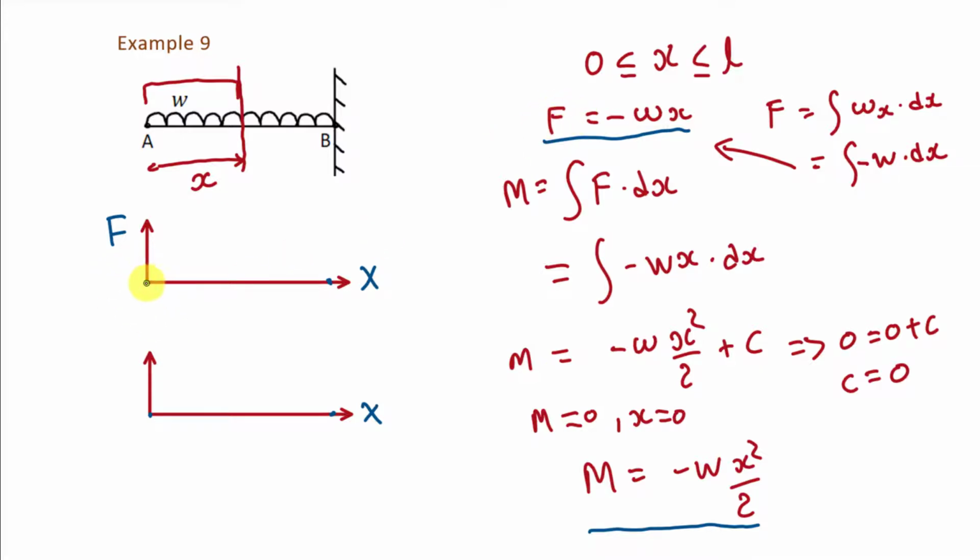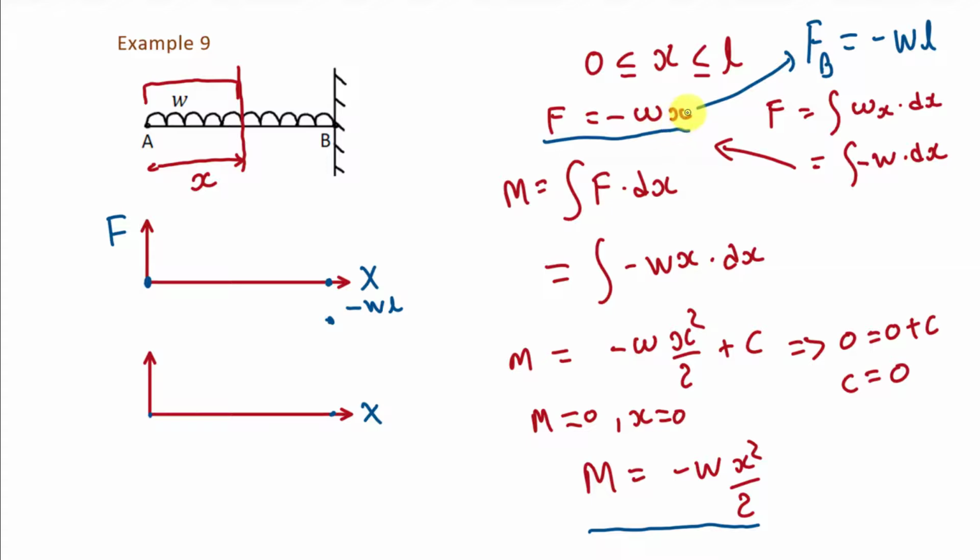So we get this point where x = 0 and shear force is 0. And if we put x = L, then the shear force at point B will be equal to -wL, and it is negative. So at this point, x = L, the shear force is negative, and this distance will be -wL.